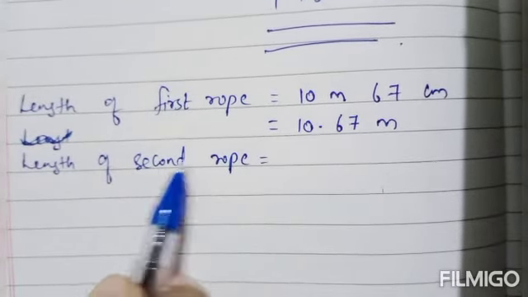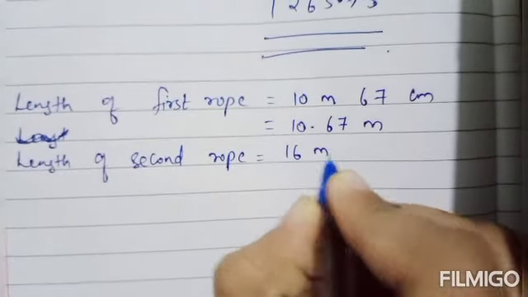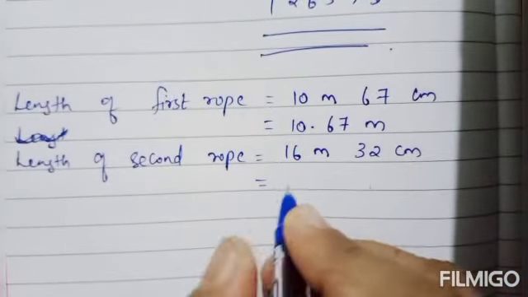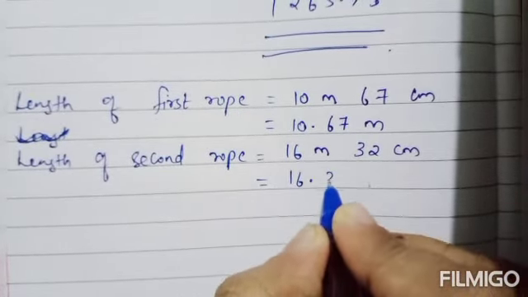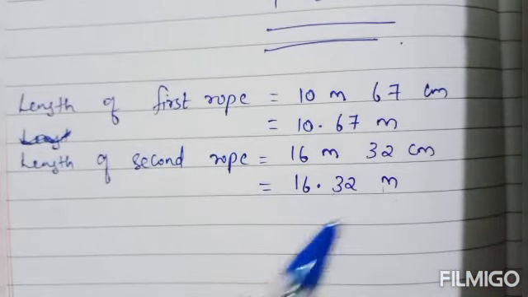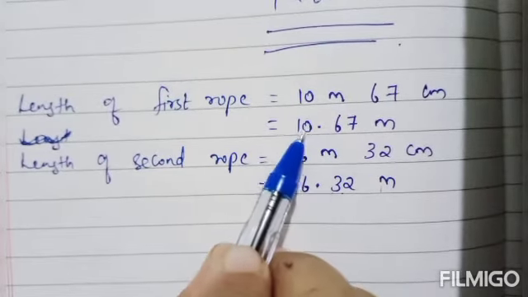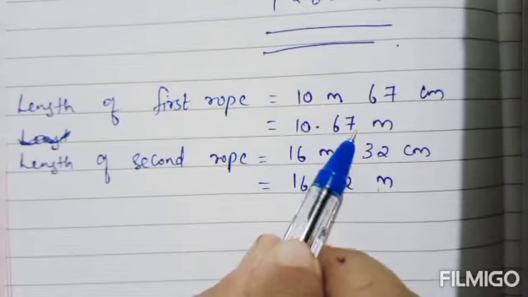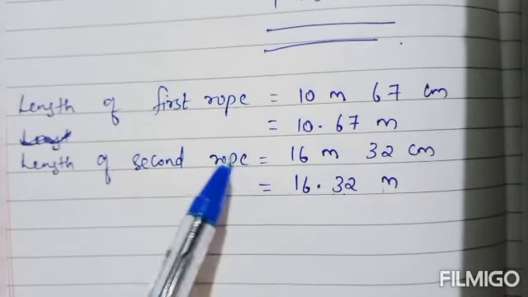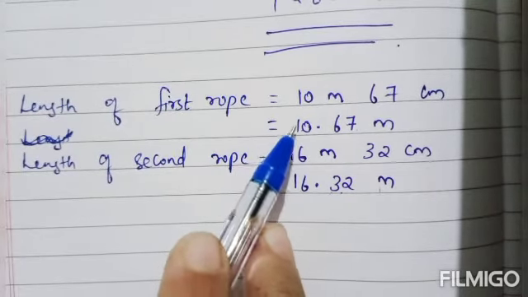Okay, length of second rope, it is given 16 meter 32 centimeter. So in decimal form, we can write 16.32 meter. Okay, 16.32 meter means 16 meter 32 centimeter. 10.67 meter means 10 meter 67 centimeter. Okay, now this you have to find by how much the second rope is longer than the first rope.